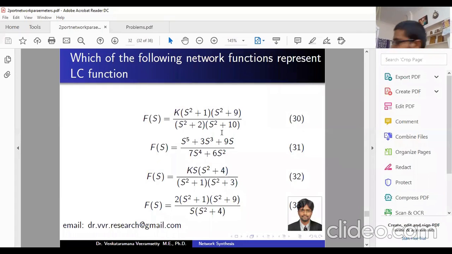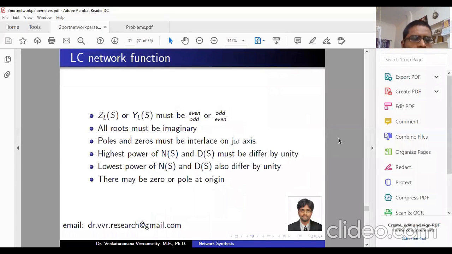The first network function is k into (s square plus 1) into (s square plus 9) divided by (s square plus 2) into (s square plus 10). I will explain the first one, and you have to give the answer for the next 3. So now we will check for the first condition. This network function must be either even by odd or odd by even.